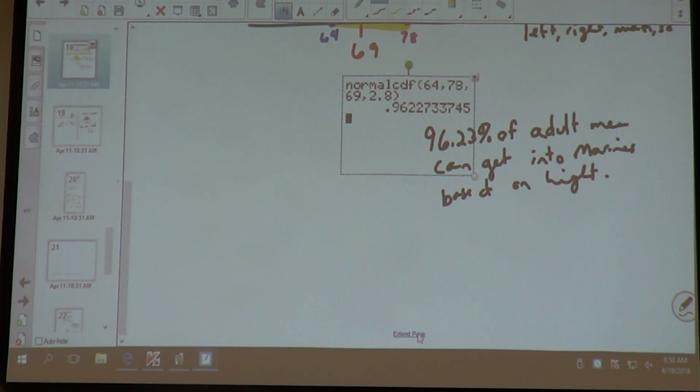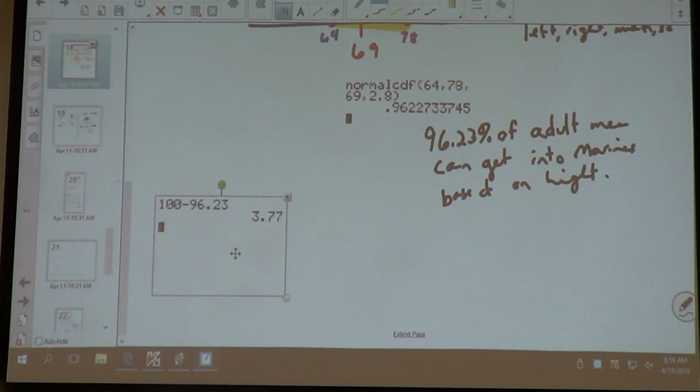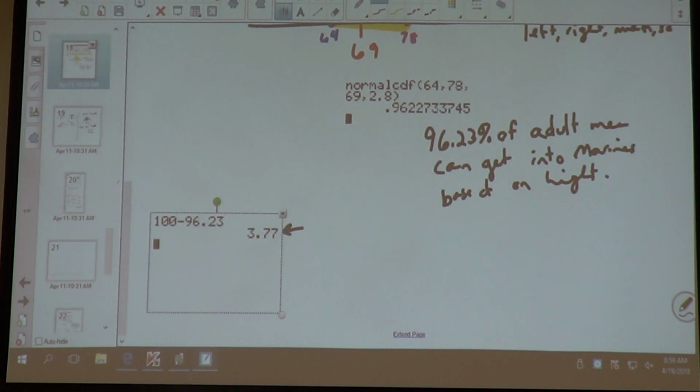What percent cannot get into the Marines? How would I get that? Subtract from 100. So if I wanted to know what percent cannot, I would do 100 minus 96.23. So 3.77% cannot get in based on height.